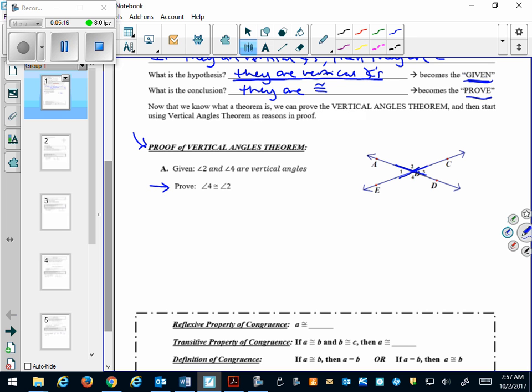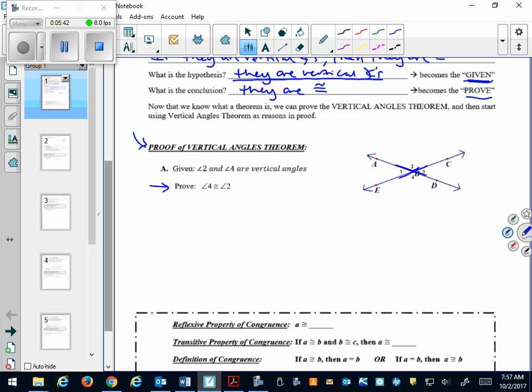We cannot use that theorem to prove that theorem. It's kind of like when you write a definition of something. You can't use the word to define the word. So you can't use the theorem to prove the theorem. You have to prove this fact some other way using other things that we know.